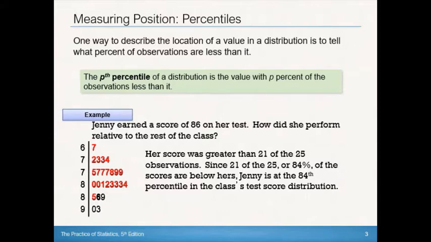You might say that she's in the 100th percentile. But if we look at the definition, 24 of the 25 people did worse than her. So 24 divided by 25 is 96%. Even though we know she's on the top, so we kind of say she's in the 100th percentile, it's off a little bit, right? So these are sort of estimates.